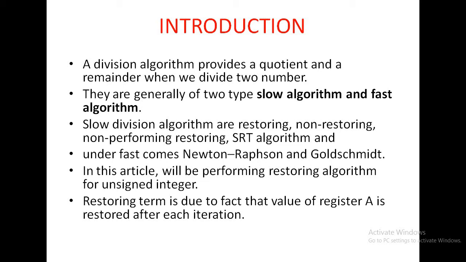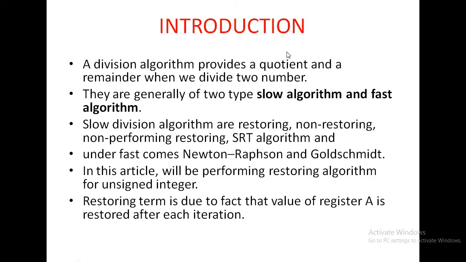In each step, the value of A, the accumulator, is restored. But in the non-restoring division method, the value of A is not restored. So see what the different steps of this restoring division algorithm are.